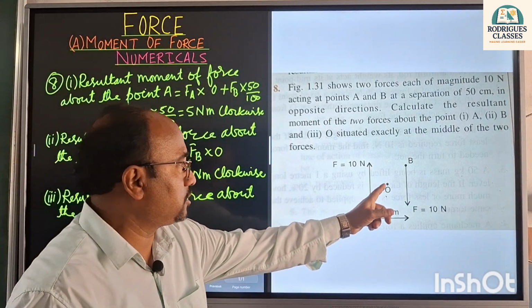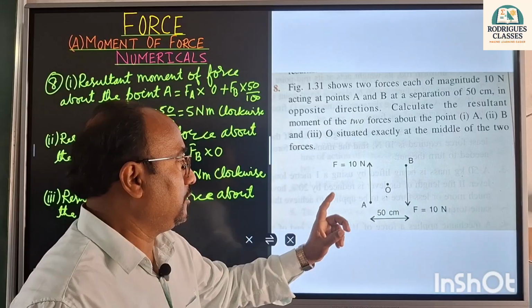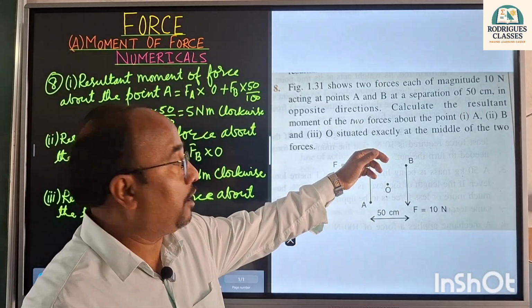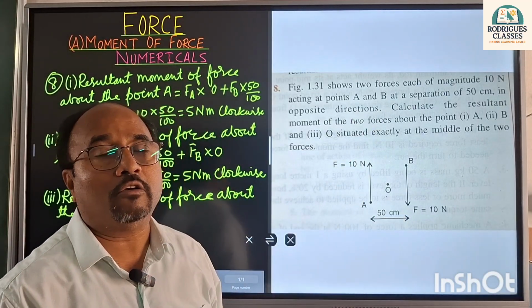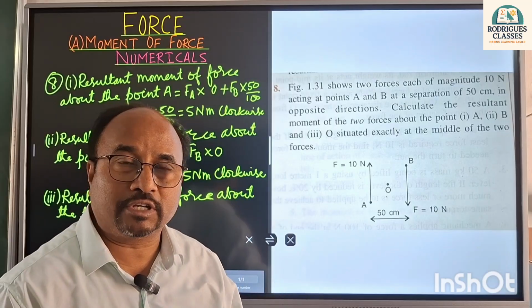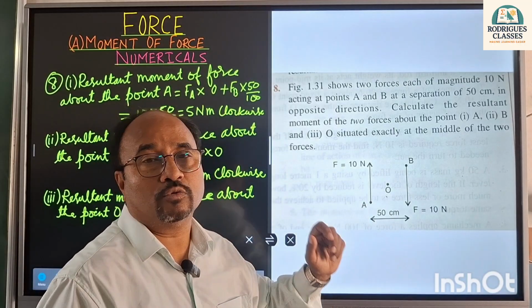About this point, this is a force of 10 Newton upward, this is a force of 10 Newton downward, two equal forces opposite in direction, parallel to each other.